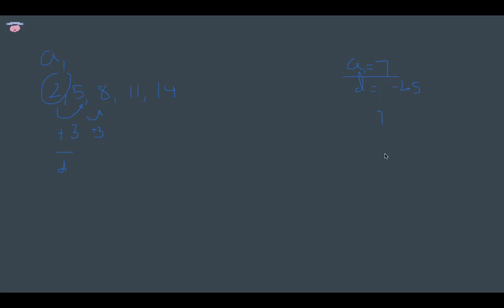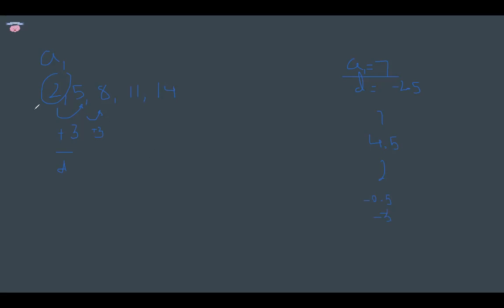So 7 minus 2.5 is 4.5. 4.5 minus 2.5 is 2. 2 minus 2.5 is negative 0.5. Negative 0.5 minus 2.5 is negative 3, and so on. This is a sequence that we made. Our first sequence, yay!